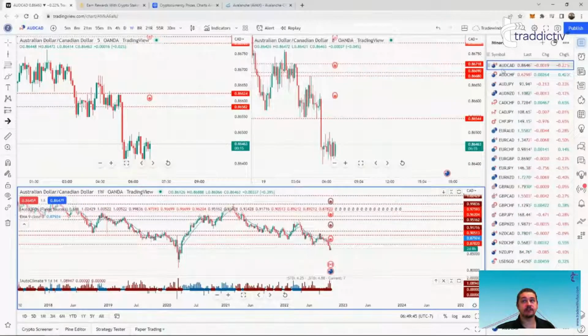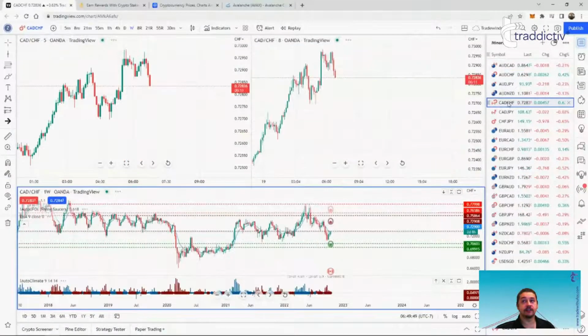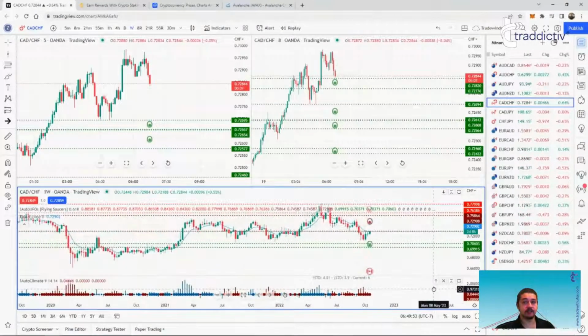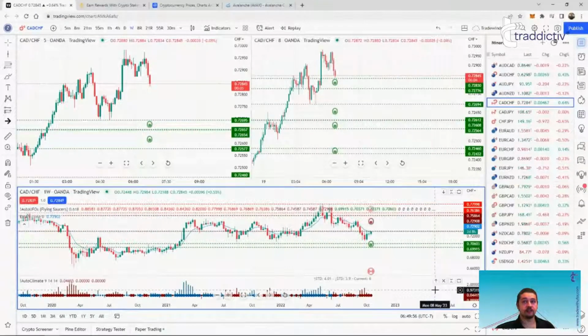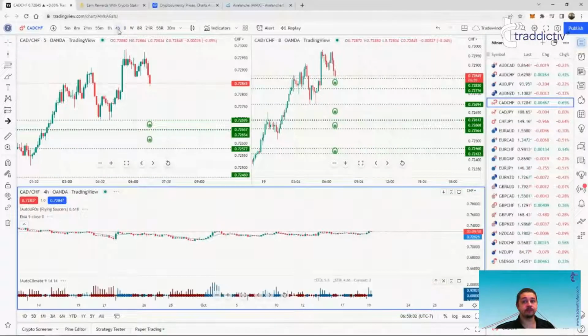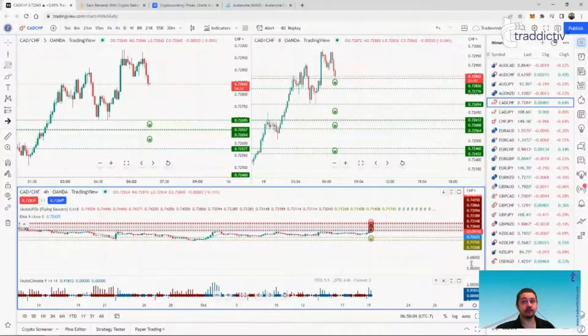All right, Aussie CAD. Let's look at the CAD franc. See if there's anything currently on the 6th, so nothing to do there. Let's see, the daily unconfirmed, 4-hour. Okay, confirmed.